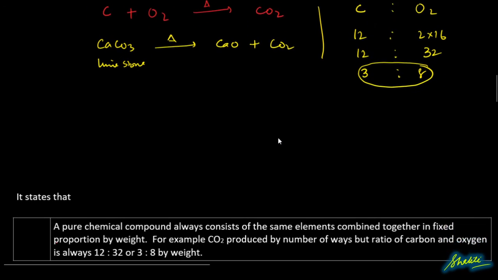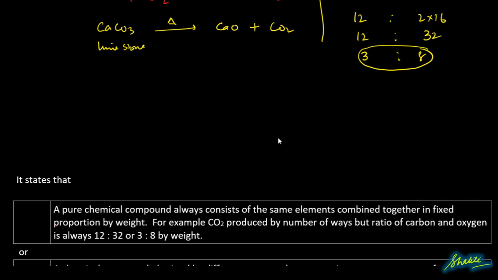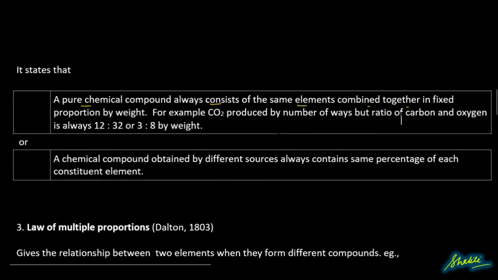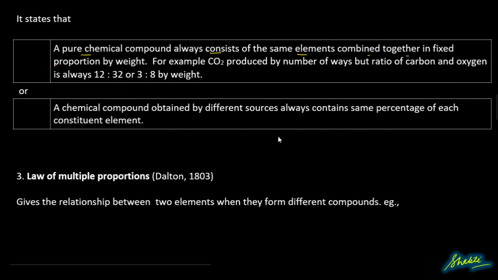So we can conclude here that a pure chemical compound always consists of same elements combined together in fixed proportion by weight. For example, carbon dioxide produced by a number of ways, but ratio of carbon and oxygen is always 12 is to 32, that is 3 is to 8 by weight.